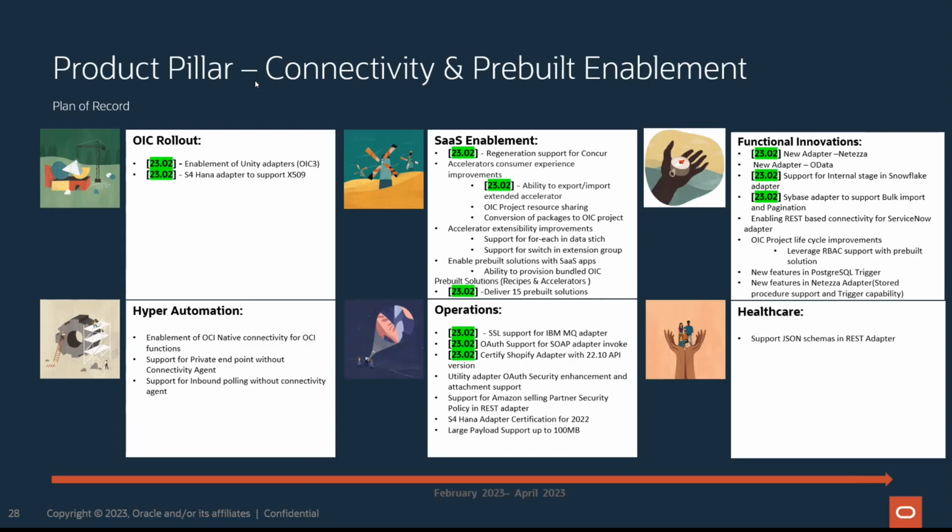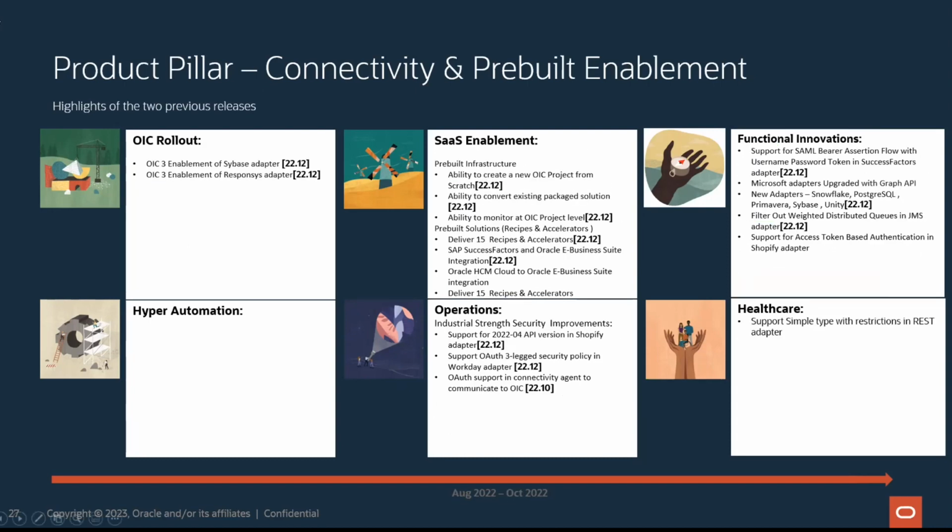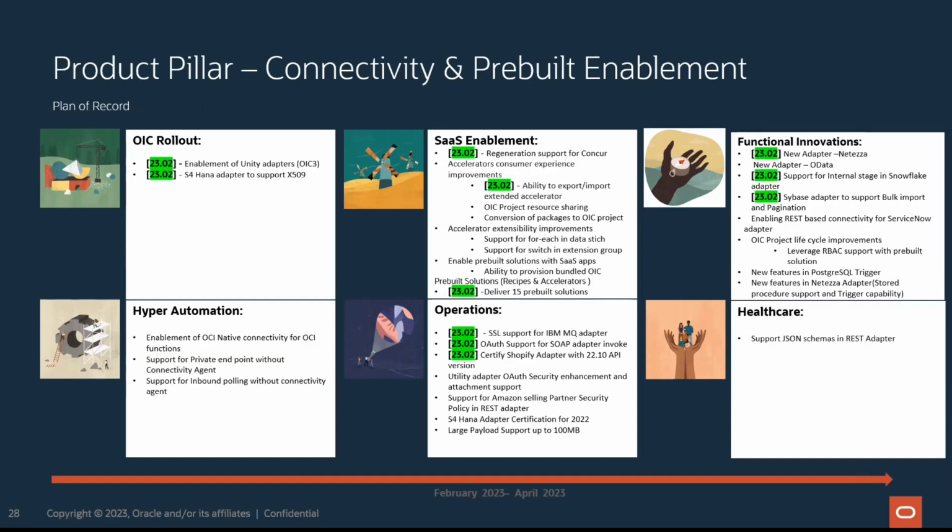So one of the new adapters in there was the CX Unity adapter. You can see here things like the S4 HANA adapter to support X509. And again, many of these enhancements are driven by concrete customer requests.